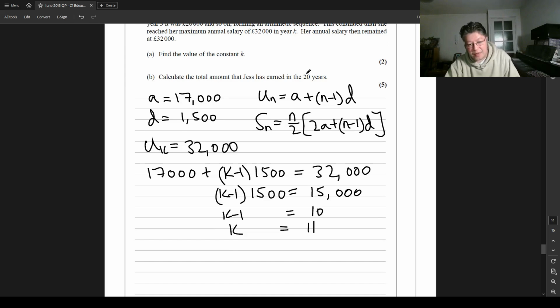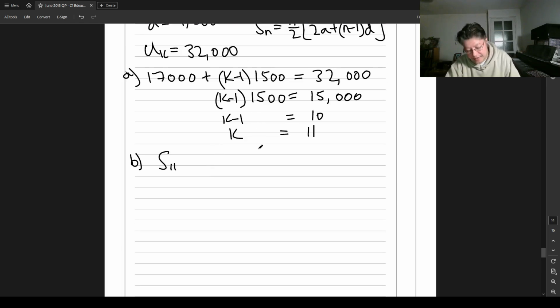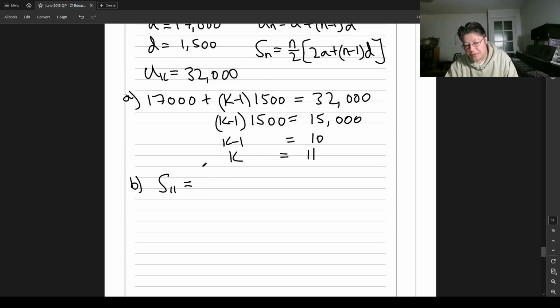So for part B, we have to work out S11. That's what she earns in the first 11 years. We'll do that first. So S11 equals n over 2, which is 11 over 2, there.